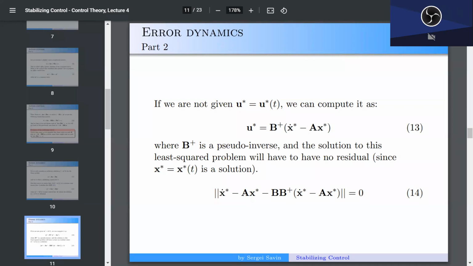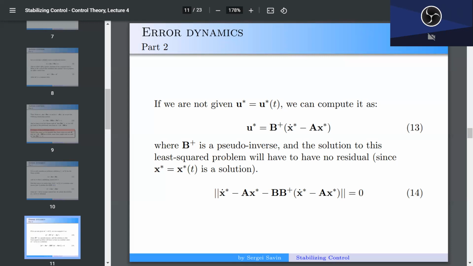Now, let me give you a main piece of information about pseudo-inverse that you have to keep in mind. First, it doesn't have to provide a zero residual solution. So what do I mean? I mean, if you take the solution that I drew on the blackboard, which is equation 13, and you plug it into our equation where it comes from, x dot equals Ax plus Bu, it doesn't have to provide you zero, an equality.